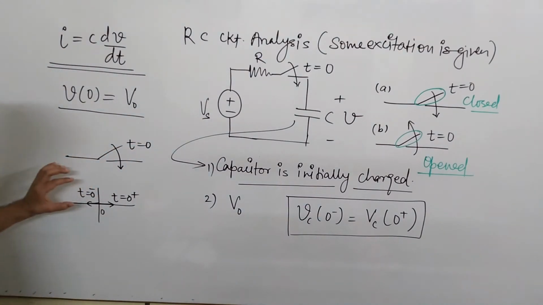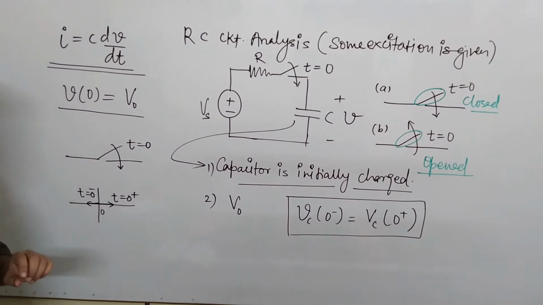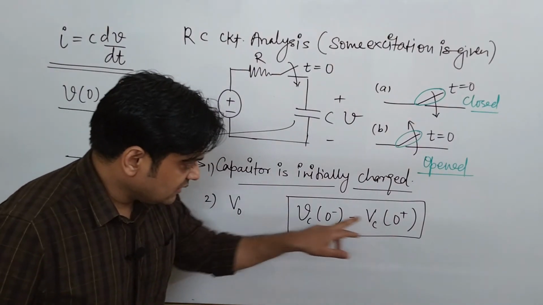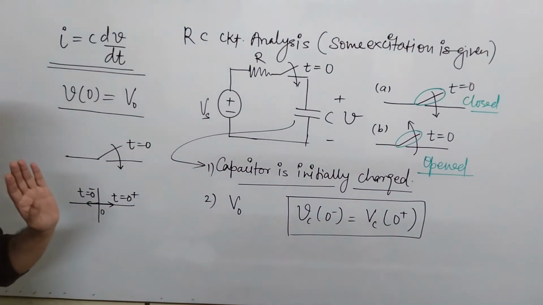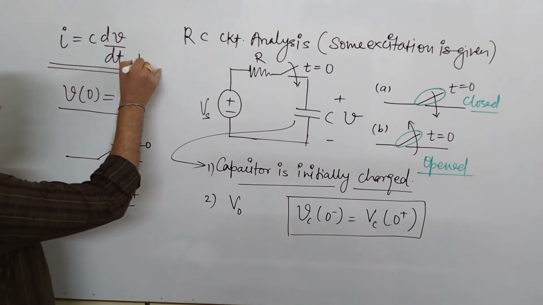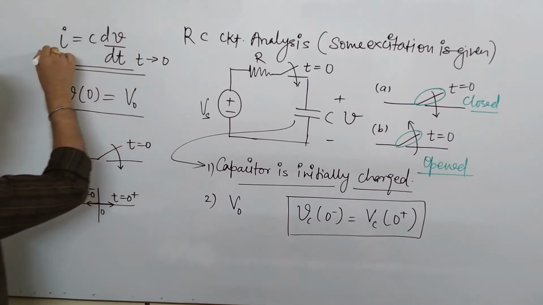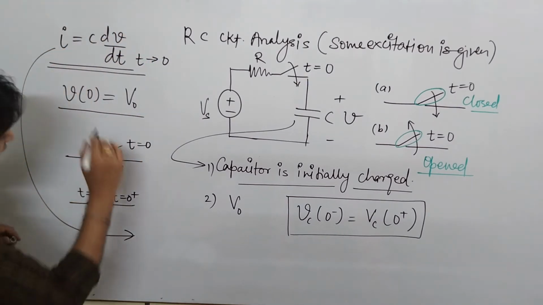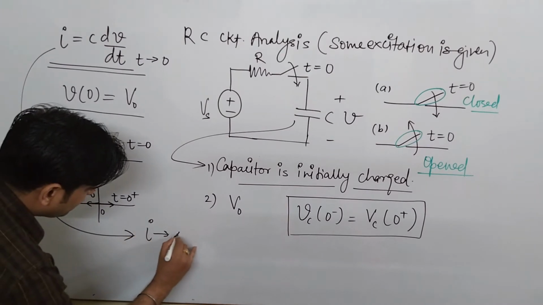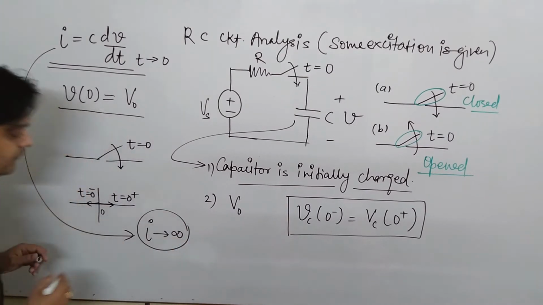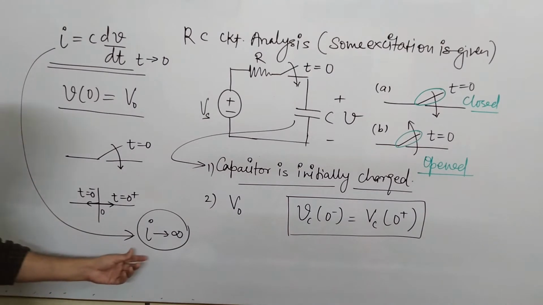See what happens: the instantaneous behavior across the capacitor will not change. If this condition were not applicable, then if you take t as 0, this i would become infinite.